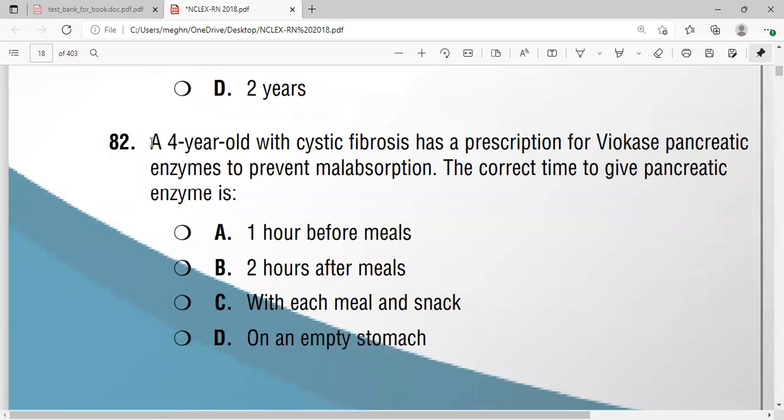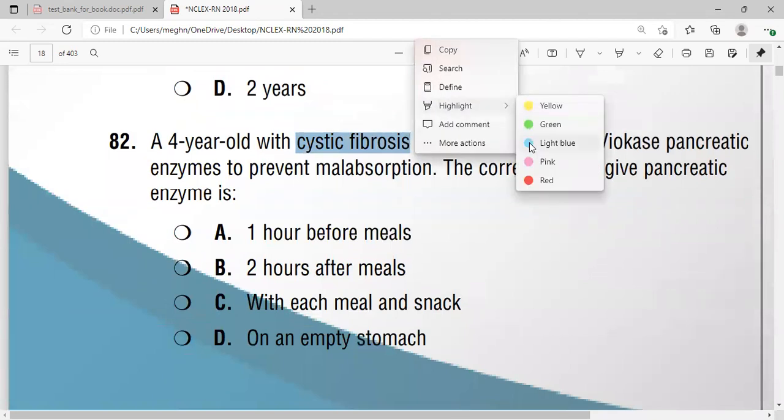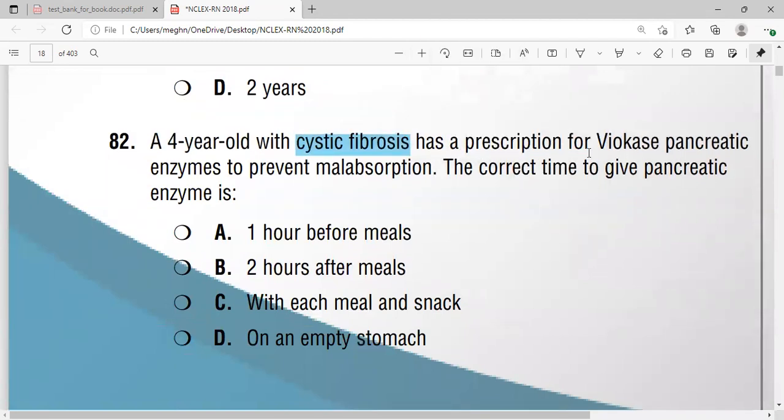The next one, a 4-year-old with cystic fibrosis, the disease called cystic fibrosis, has a prescription for pancreatic enzyme to prevent malabsorption. The correct time to give a pancreatic enzyme is A, 1 hour before meals, B, 2 hours after meals, C, with each meal and snack, and D, on an empty stomach.